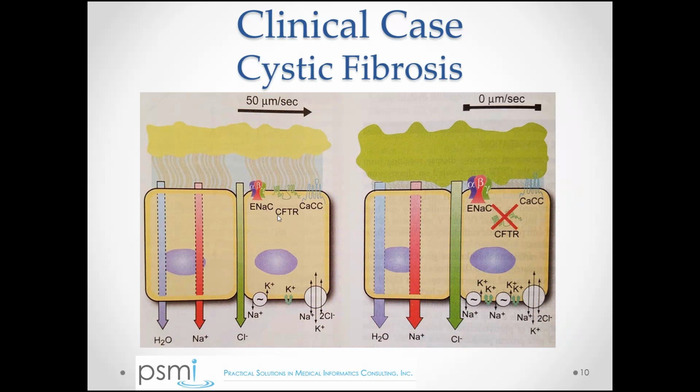The cystic fibrosis transmembrane regulator, the CFTR gene, produces this protein, and this protein is responsible for sodium and chloride exchange across the epithelial membrane of sweat glands or lung epithelium or gut epithelium or pancreas epithelium, and it controls the amount of sodium and chloride in the fluid and indirectly thereby controlling the amount of water content or the hydration status of the fluid.